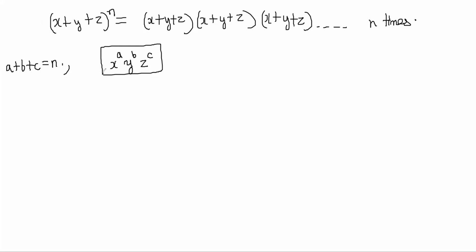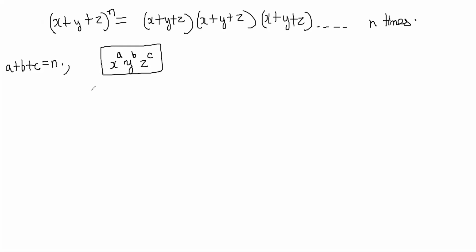So how will you make such a term? Out of these n brackets, how many x's do you have to select? A x's. Out of the n brackets, you will select a brackets where you will take the x, and you will multiply those a.